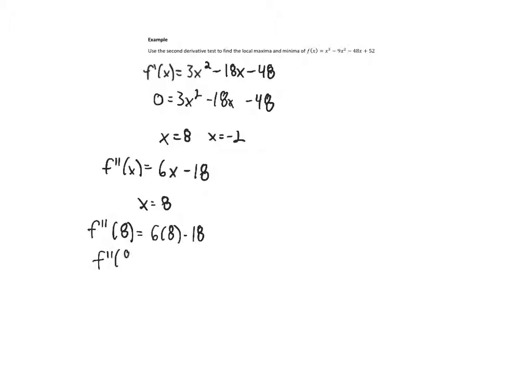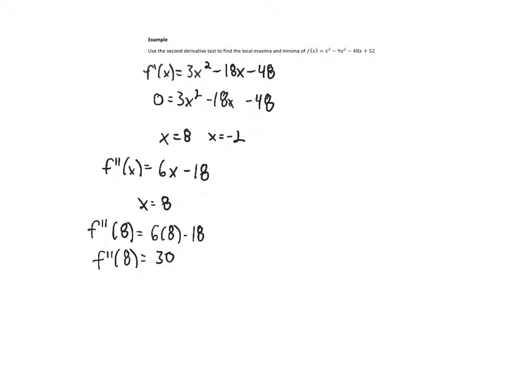Again, that's coming from that previous video and using the factoring. What the second derivative tells us is, if we plug these into the second derivative, we want to think about whether it's concave up or down at those points. The second derivative is 6x minus 18. So at x equals 8, f double prime of 8 equals 6 times 8 minus 18, which is positive 30.